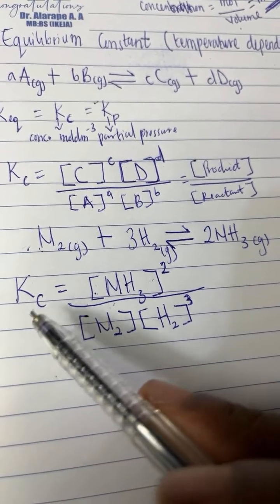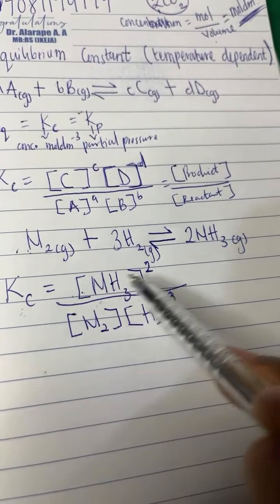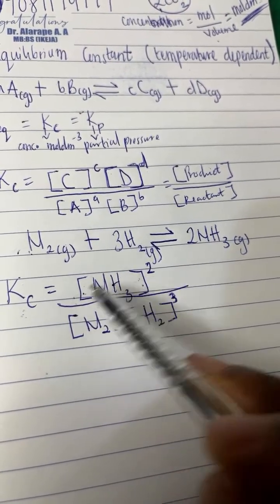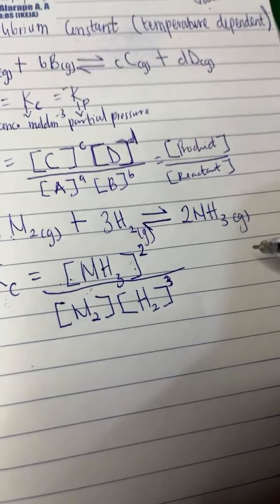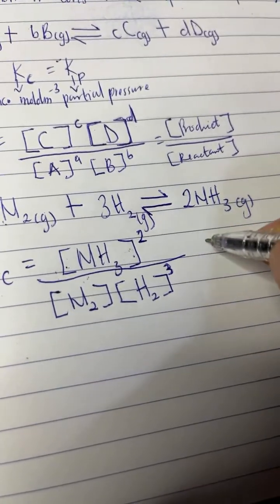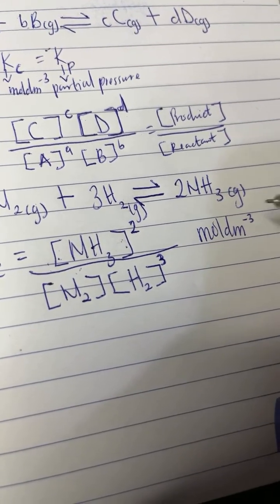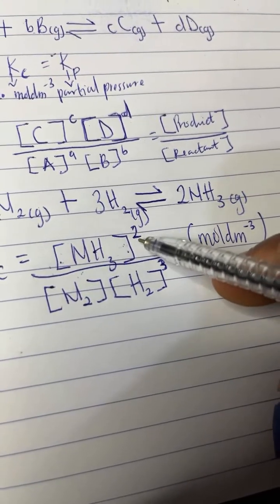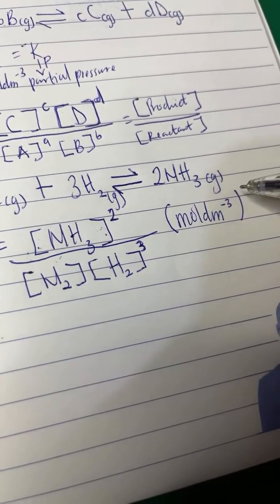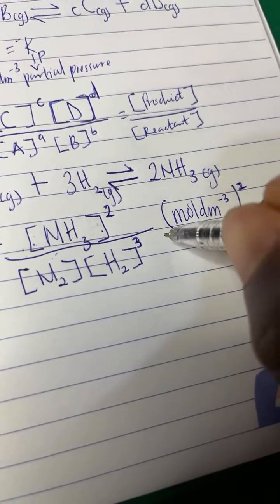Now remember, the unit of our normal concentration is moles per dm cube. So let's say moles per dm cube for the upper part, in brackets. Remember, this has a power of 2, so I can just put 2 up.